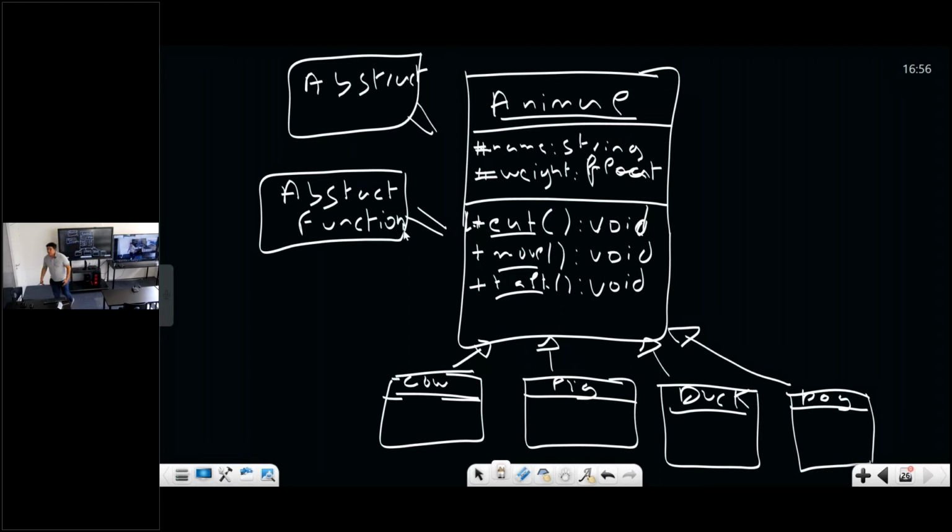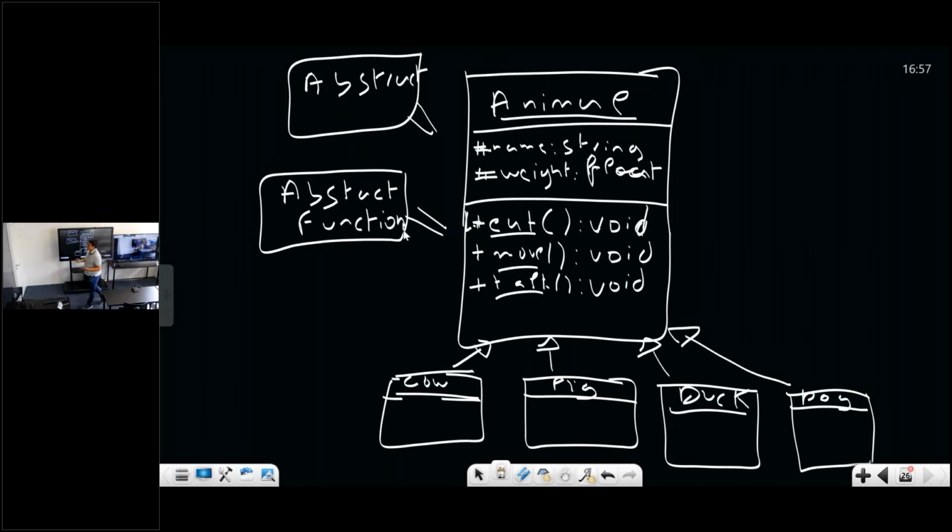So here I have a semantic relation between a pig, duck, dog, cow. They are all animals, so they are all a specification of the animal class. But I know they have a functional way to work that is different for each of them.